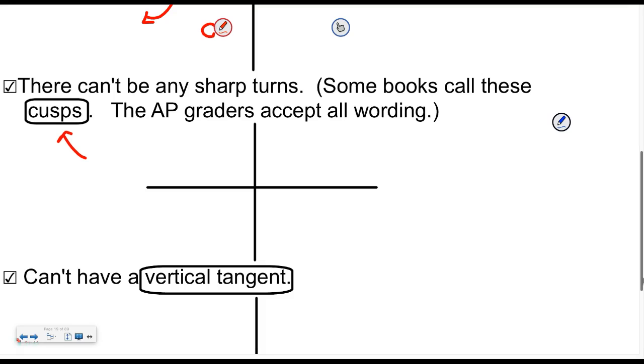And we had a discussion for about an hour about what things you can accept. I said the AP graders accept all wording. They actually don't. There was a list of like 10 things they accepted and a whole bunch they didn't. Cusp was one they did accept, thankfully, because that's what I told my kids to write. But some of the people in our reading group had never heard of the word cusp before.